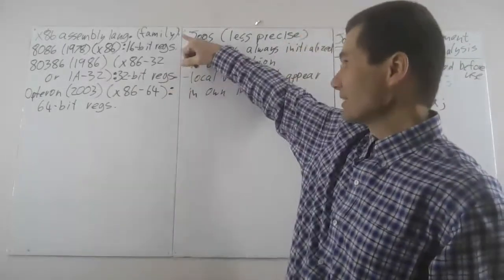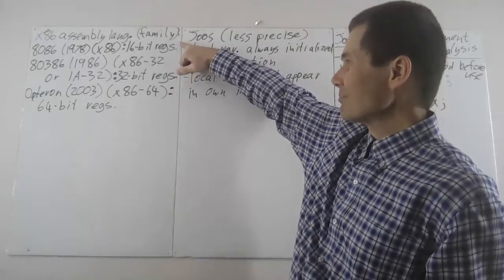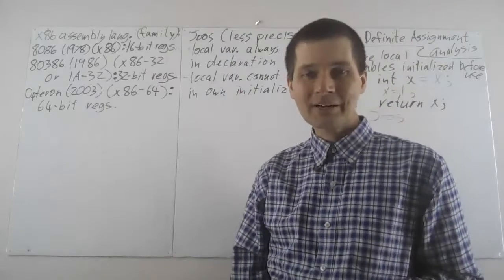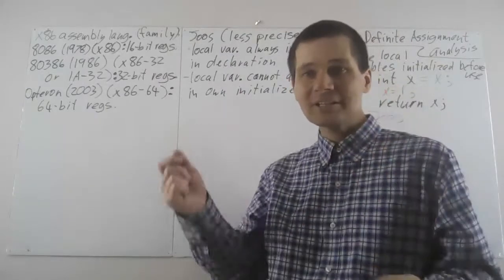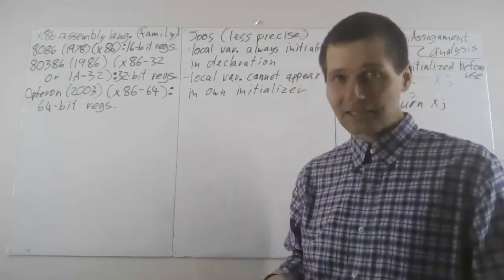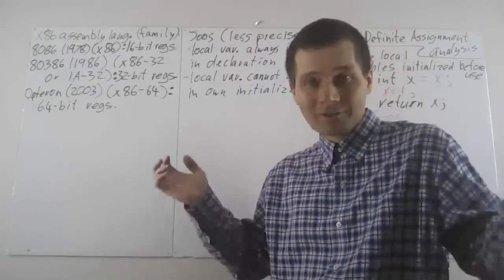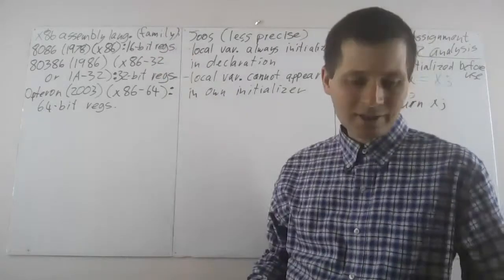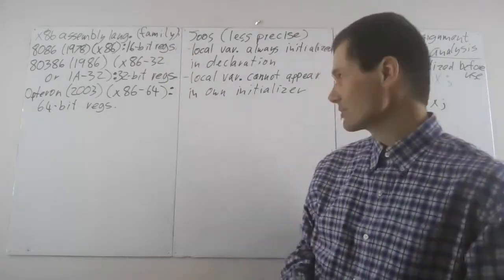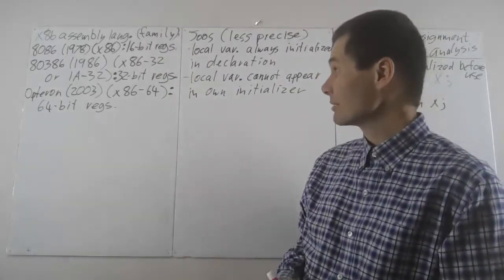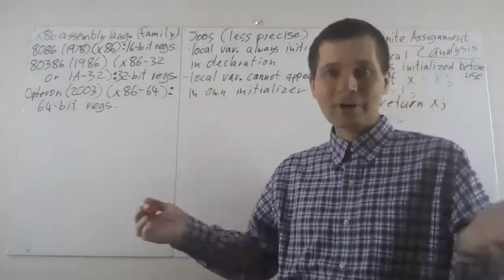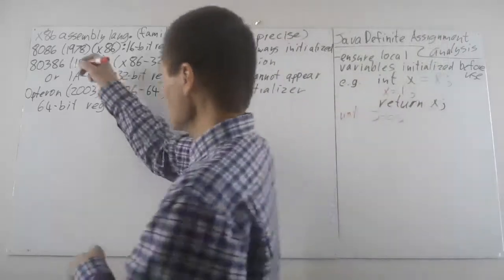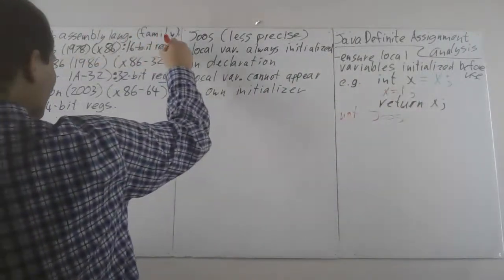If I asked you to compile down to 16-bit x86, it would be kind of painful because it's not really meant for a compiler. It's possible, of course, but more painful. But the 386 one is mostly reasonable for a compiler to generate, and the 64-bit one is also reasonable. Okay, so we're going to focus on this one.